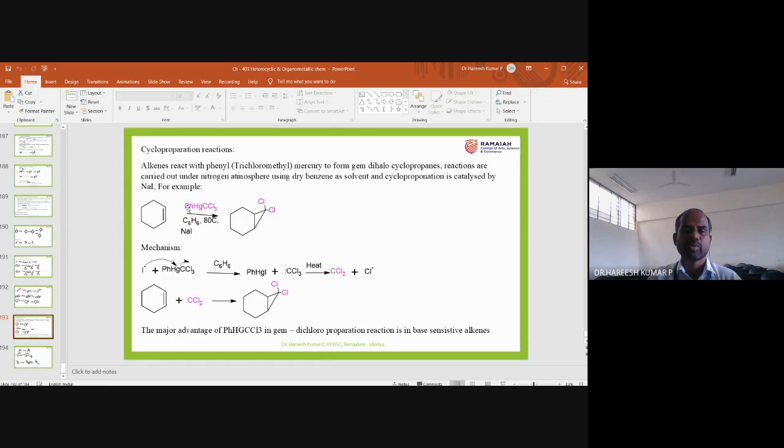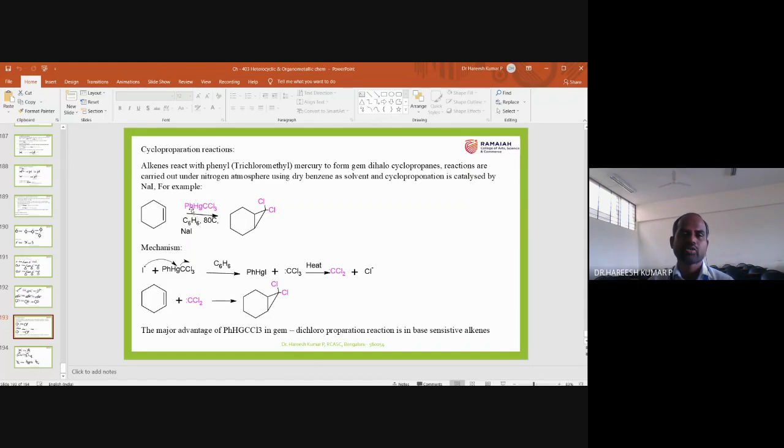How did we prepare this reagent? It was prepared by treating phenyl magnesium bromide with chloroform in the presence of base. So this product is obtained.